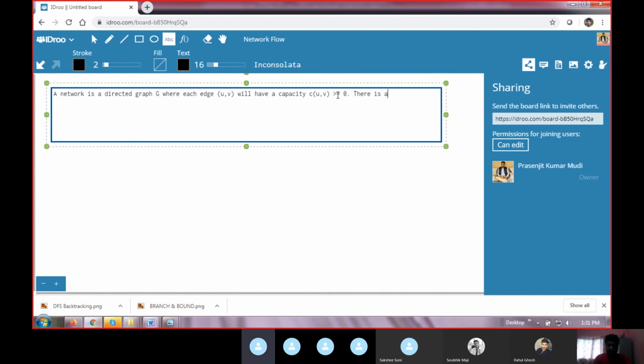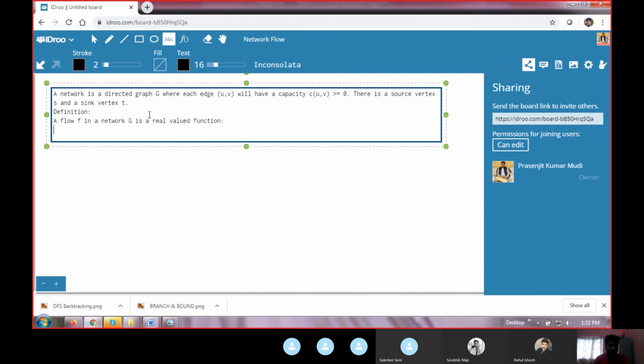So there is a source vertex S and a sink vertex T. These are terminologies. So the network is fine. Next we define the network flow like this. A flow f in a network, meaning a directed graph G, is a real valued function.